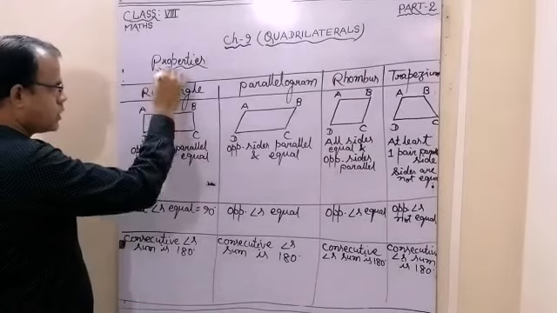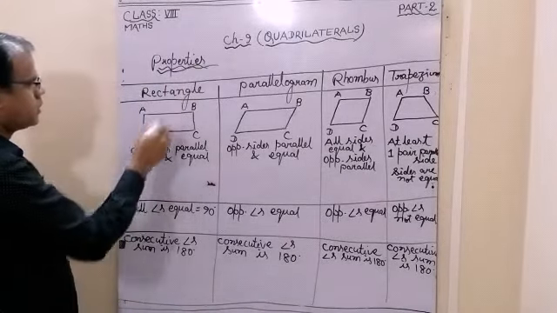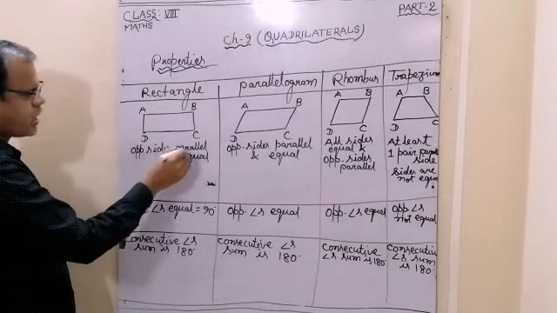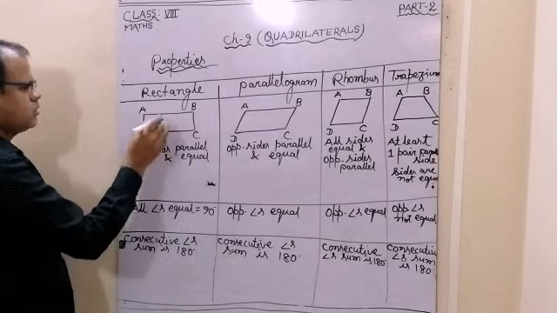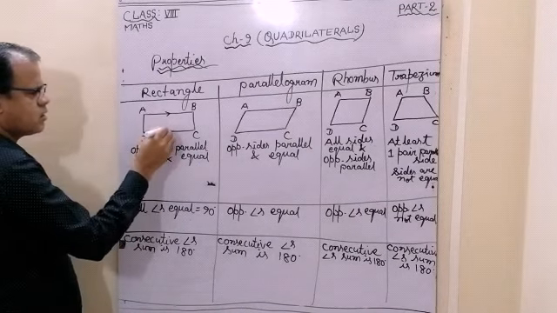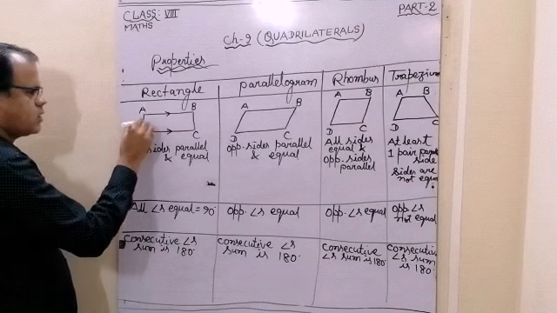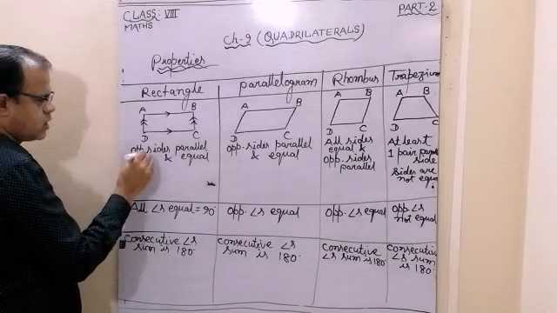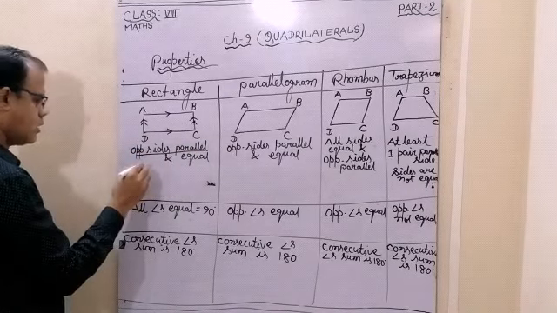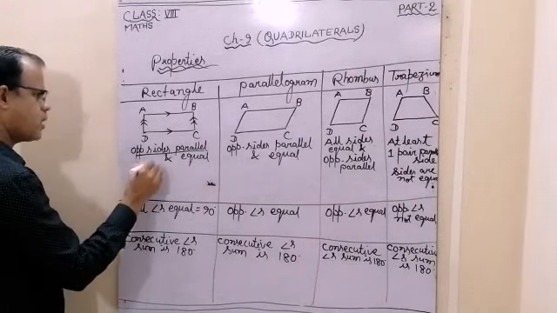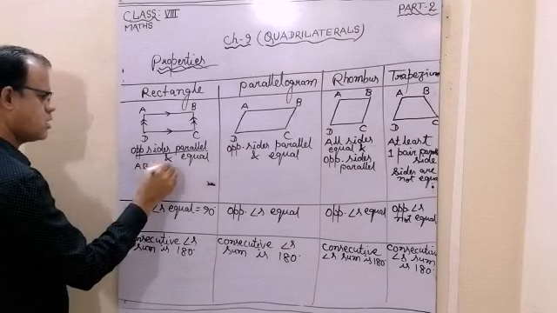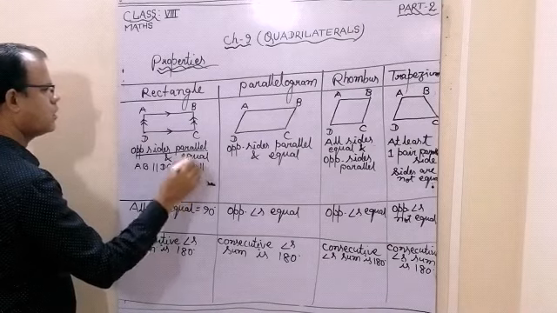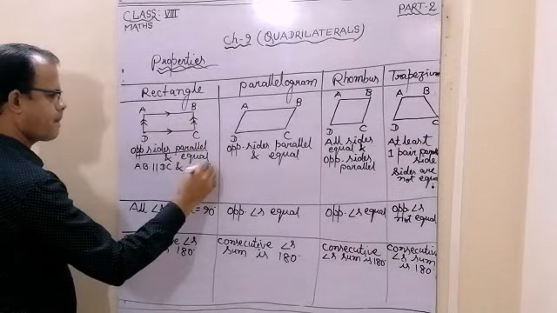Yes student, properties. Look here, rectangle, ABCD is a rectangle. Here opposite sides parallel and equal, means this side is parallel to this side and this side parallel to this side. So here it is written opposite sides parallel, it means AB parallel DC and AD parallel BC.